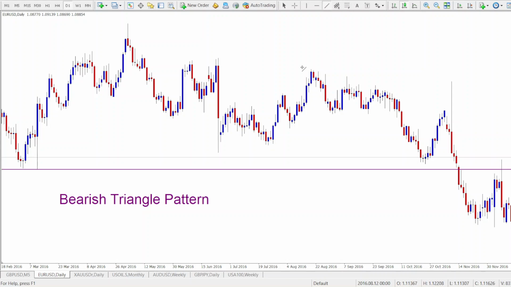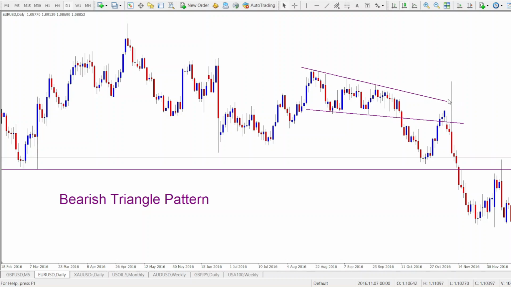Okay, I think we can call this one, because these are trend lines. This is not horizontal, this is a trend line. You can see there was a rejection here, there was a rejection here, and there was a rejection here.